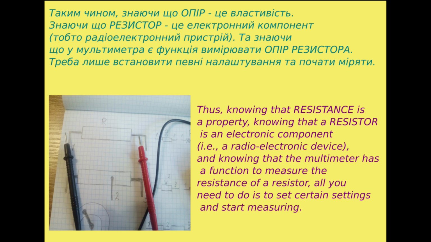For example, you know what resistance means. You have an electronic component, you have a multimeter, and right now you just need to find some information about how to measure. But what I want to warn you about before you do that, first of all, if you measure a resistor just as an element, it's one case.